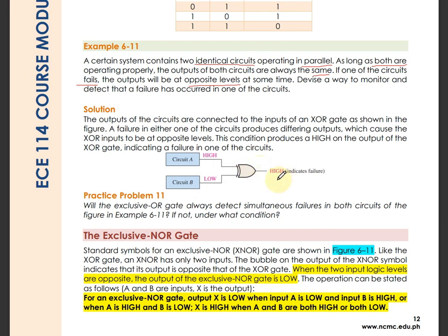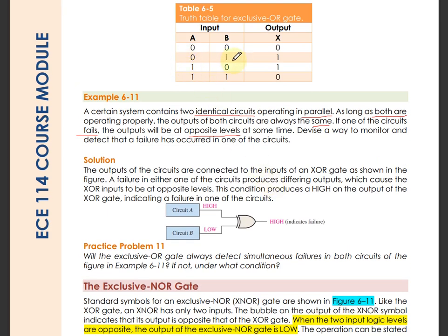Then the output for that sa XOR gate, if opposite ang ilang inputs, then it will have an output of high. Then here, ang high kay nag-indicate siya as failure, no? Naay something sa imong circuit. But if both of your circuits are high or both of them are low, then it will result to an output of low, meaning walay failure nga nahitabo. Okay?